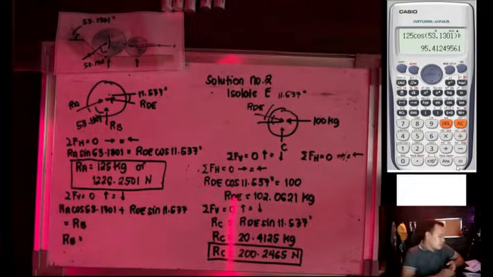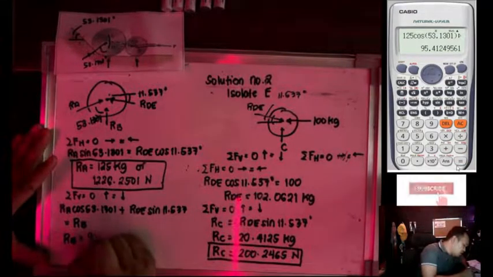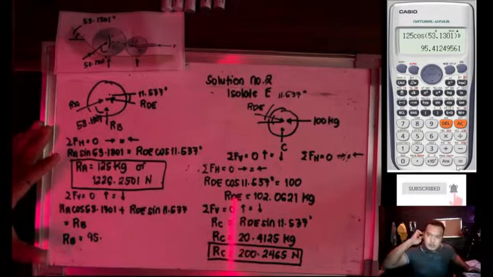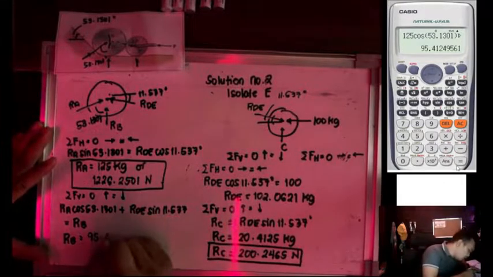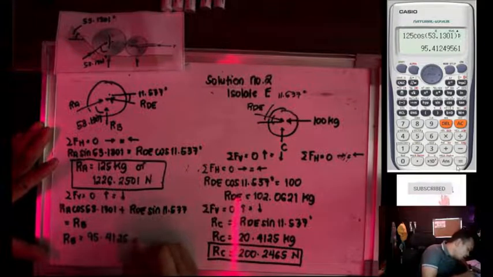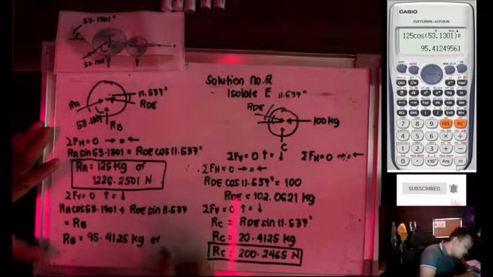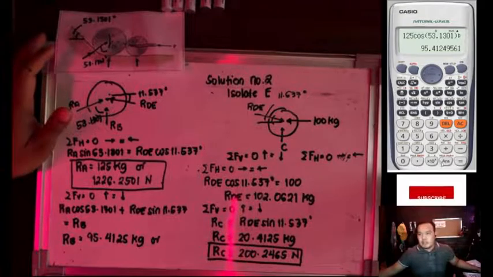So we have the reaction at B which is 95.4125 kilogram, or multiply by 9.81.